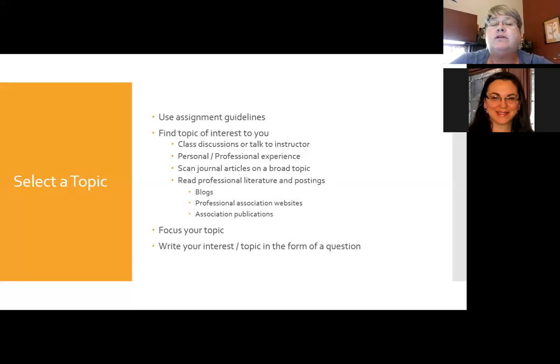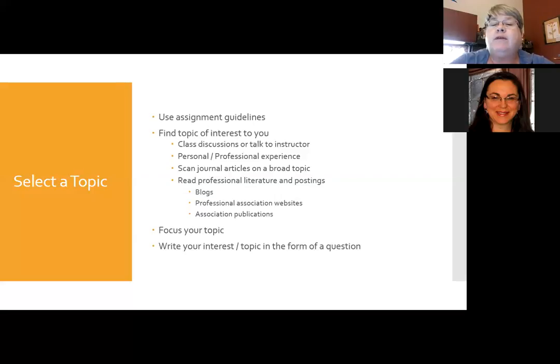Reading professional literature and postings, like professional blogs and listservs, looking at professional association websites to see what they're talking about, looking at association publications. One of the things that you can often do is sign up for these publications, at least to get a table of contents.